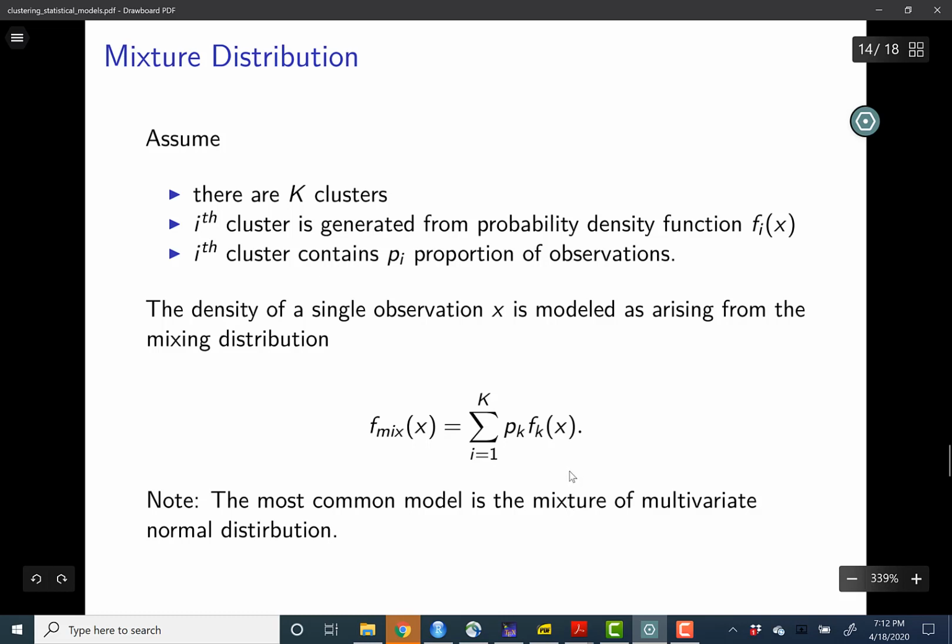I'll talk more about this in my next video. So this is a mixture distribution. One thing I forgot to mention is that the sum of all the Pk has to be equal to 1. The sum of all of these proportions has to be equal to 1.